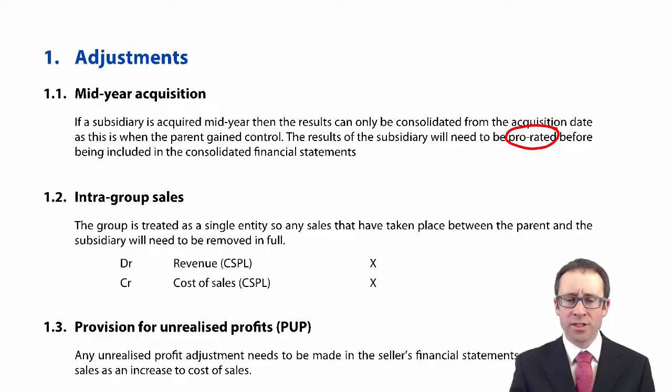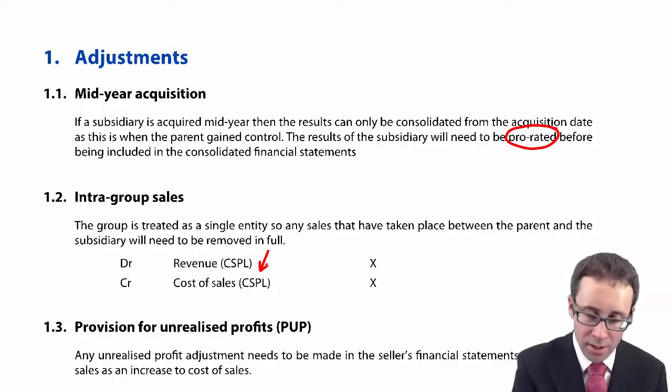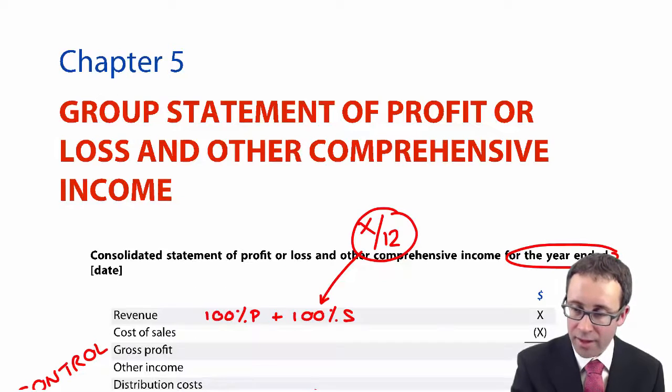Intragroup sales, again, was something quite nice from the days of F1. If there are intragroup sales between the parent and the subsidiary, you eliminate those intragroup sales for the year. So you need to remove your revenue, debit the revenue, and credit the cost of sales, which reduces cost of sales.